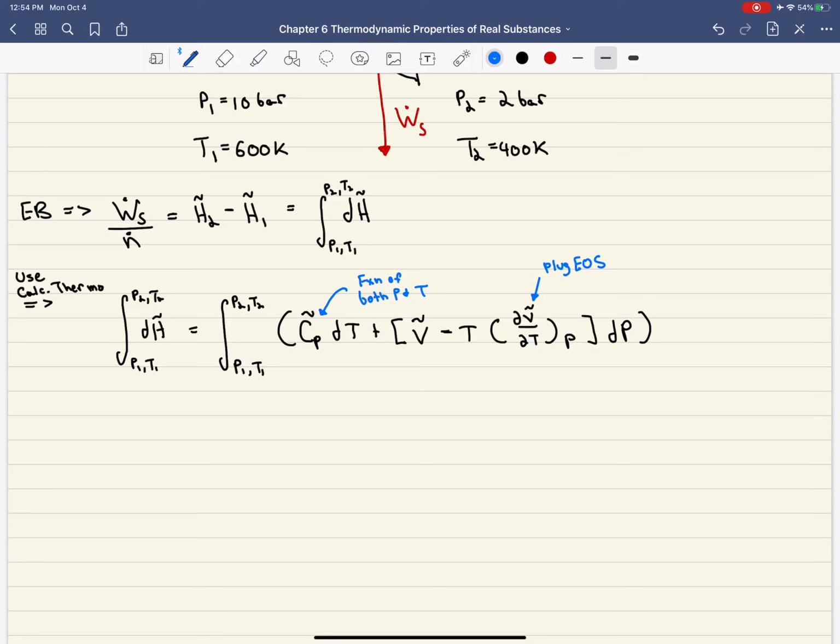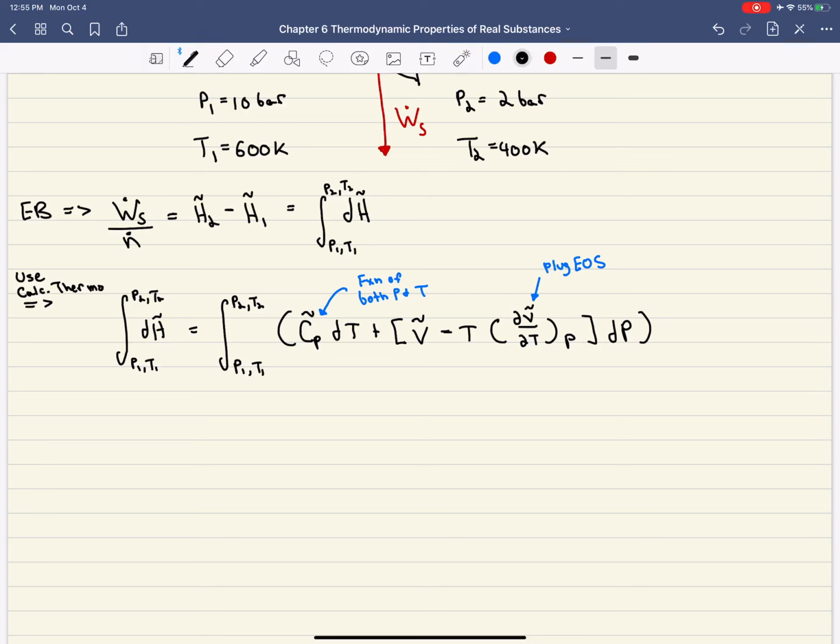The fact that Cp is a function of many things complicates this integral. If we want to calculate the change in enthalpy of actual real fluids, we need to account for that complexity in the heat capacity.